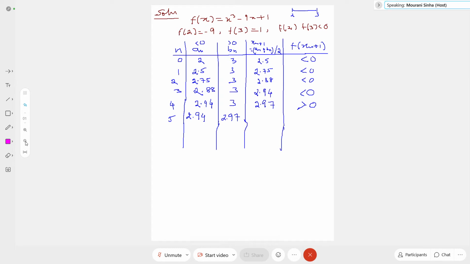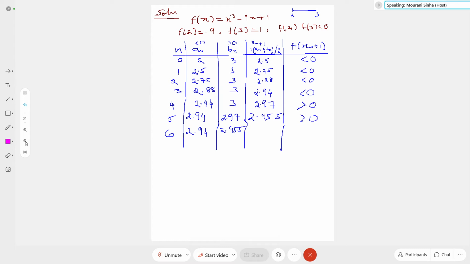And the midpoint next is 2.955, right? And here I will again have a positive value. So in the sixth iteration, the negative value remains the same and the new positive value goes to the positive column, that is 2.955.